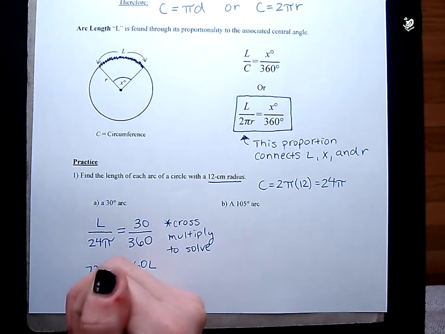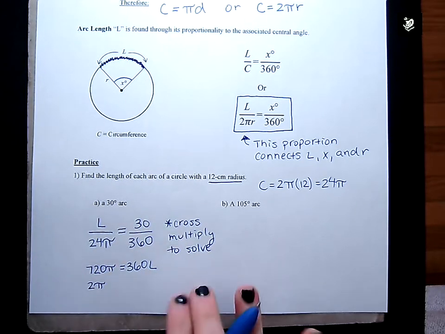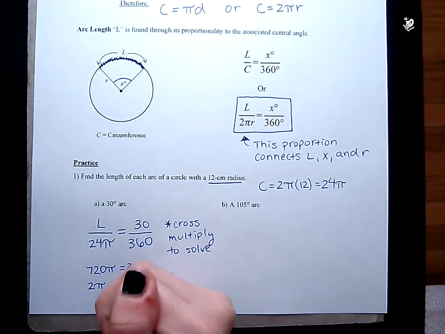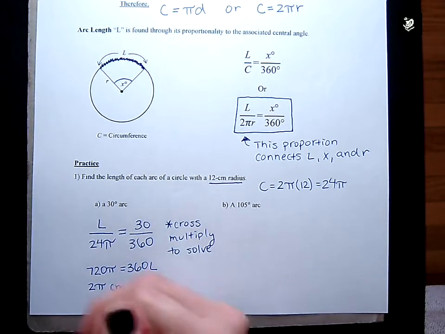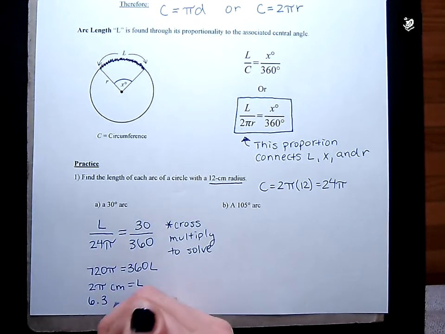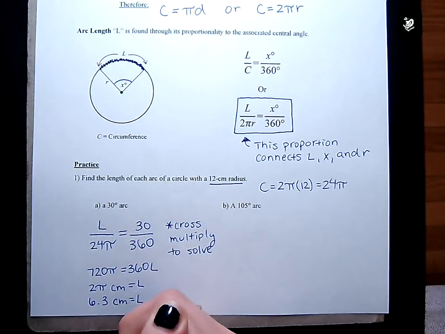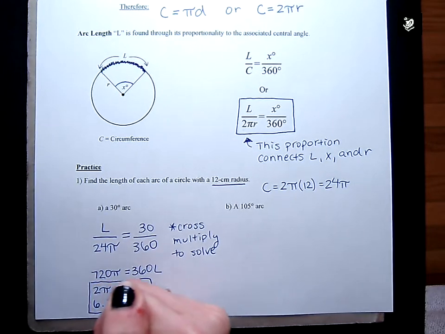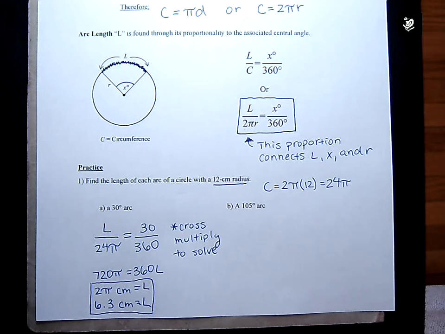So in terms of pi, the length of the arc would be 2 pi centimeters. Make sure we put our units. And if I was going to round that to say the nearest tenth, it would come out to 6.3 centimeters. So you can write in terms of pi if you want to be exact, or you can round. So that is how you find arc length.